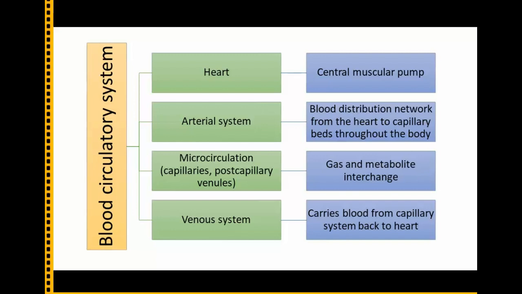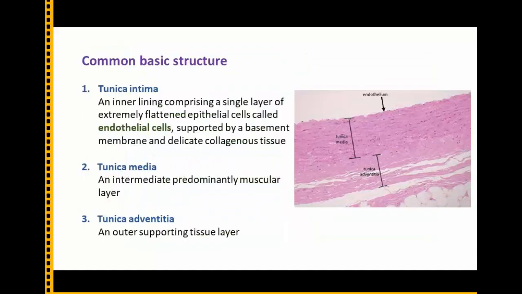So gas and metabolic product interchange occurs in the microcirculation. Okay. So the whole circulatory system, heart, arterial system, microcirculation and the venous system, all these parts have a common basic structure.